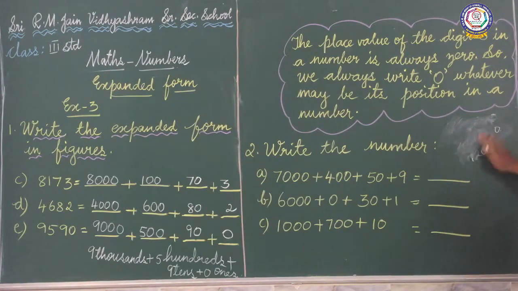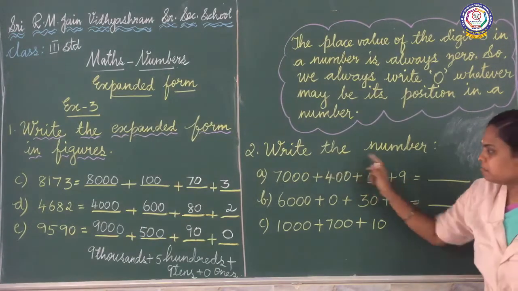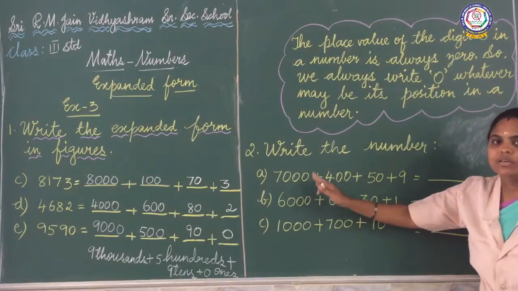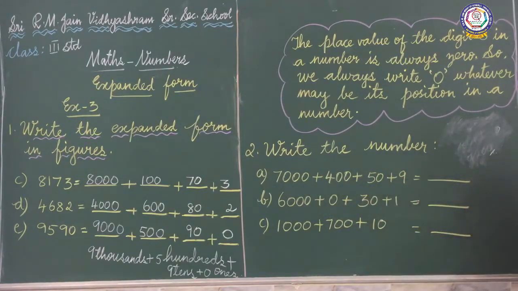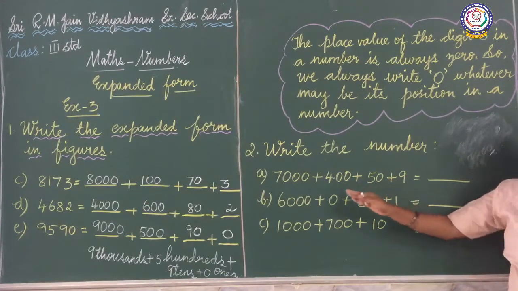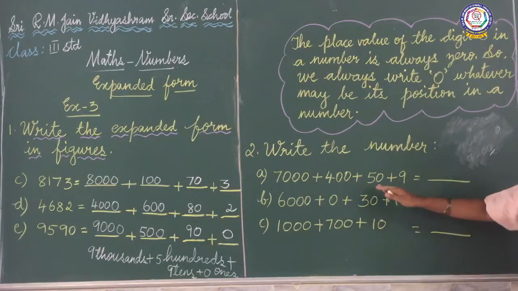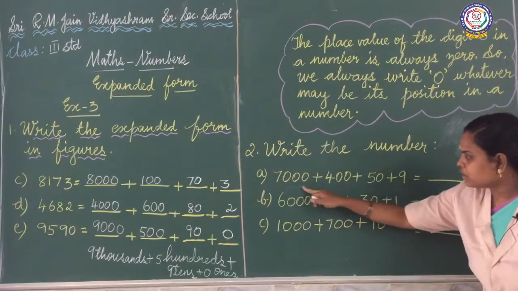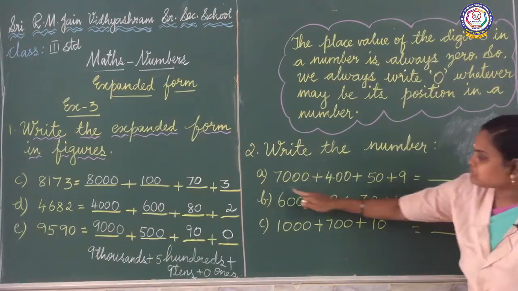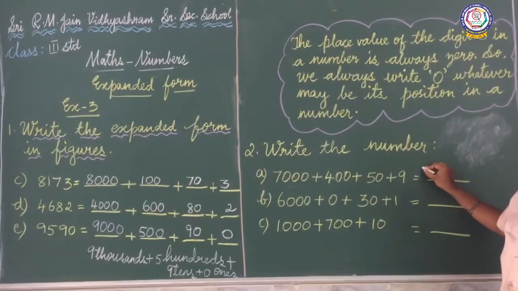So next we are going to write the number. Here they have given the expanded form of the number, and we are going to write the number. See, 7000 plus 400 plus 50 plus 9 they have given. So you check, in the thousands place what have they given? 7.